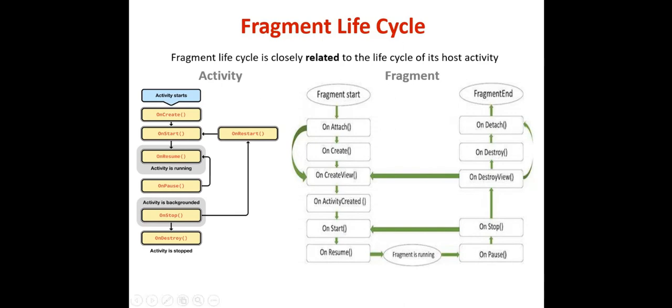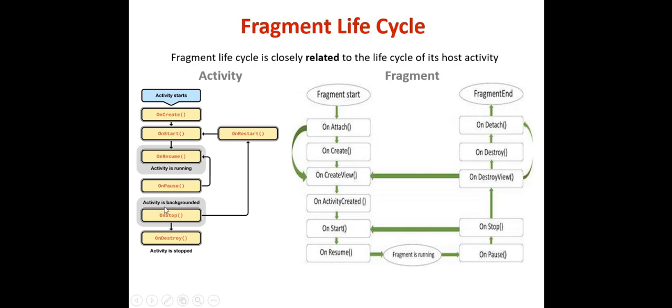After onResume is called, the activity is visible to the user. When the user minimizes or presses the back button, the onPause method will be called, and onStop. As we see here, the activity is backgrounded. It means the activity is located in the background.